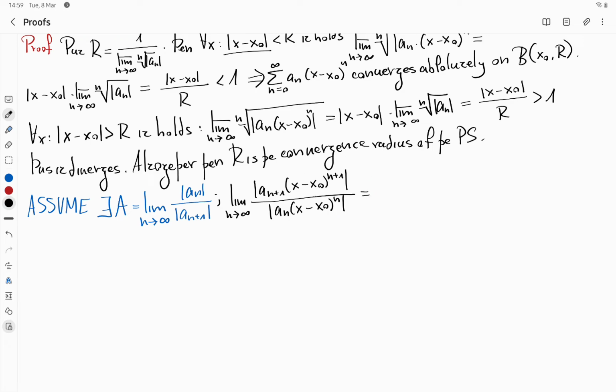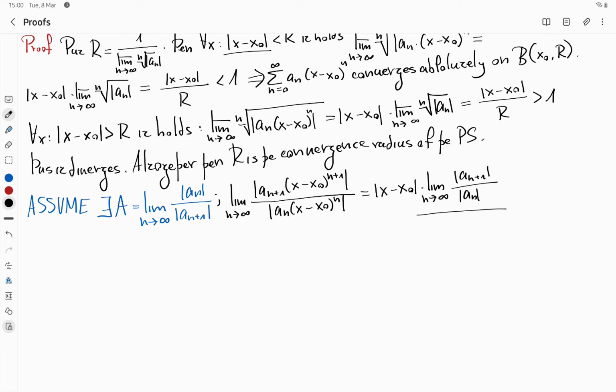Now, the brackets cancel out, and we are only left with the absolute value of x minus x0 times the limit as n approaches infinity of a_(n+1) over a_n, both in absolute value.